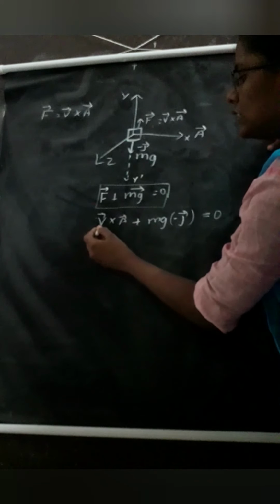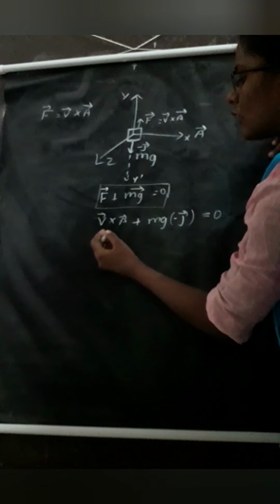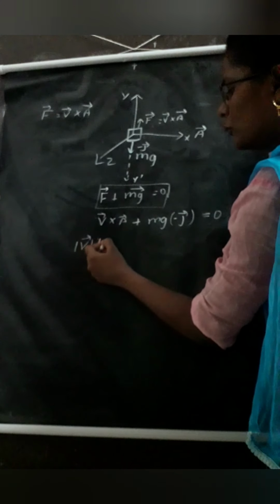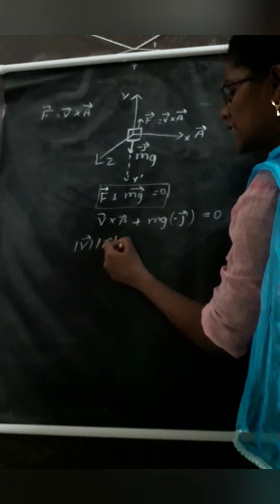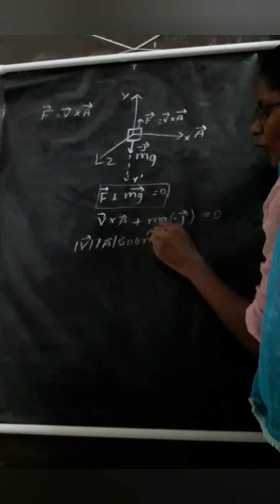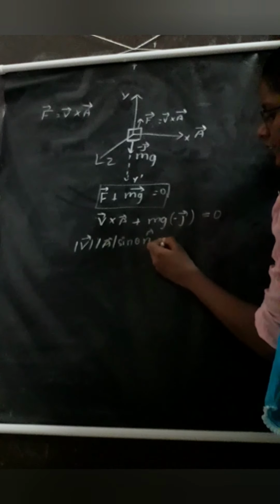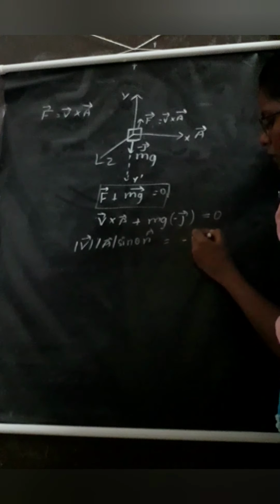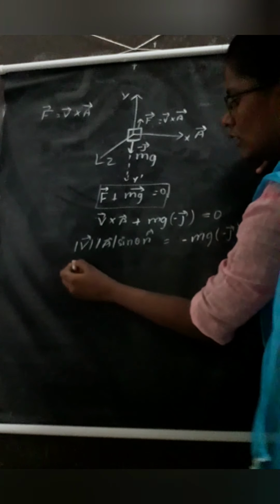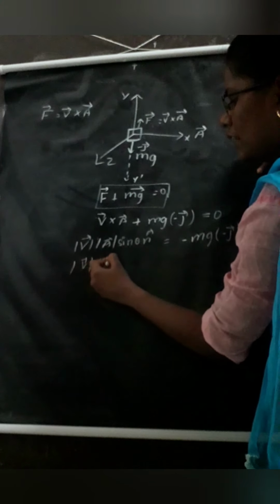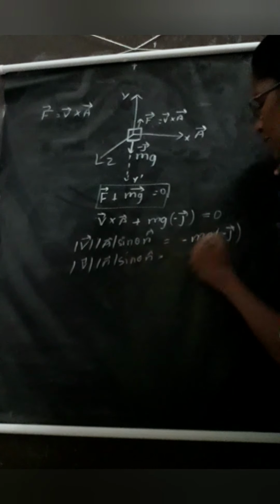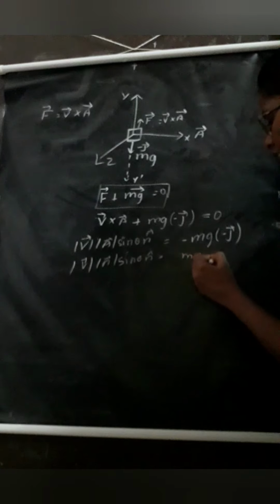Now the definition of the cross product V vector cross A vector is modulus of V vector times modulus of A vector times sin theta n cap. I am going to take the mg minus j vector to the other side. So I will get minus mg times minus j vector, that is, V cross A sin theta n cap equals minus into minus, plus mg j vector.